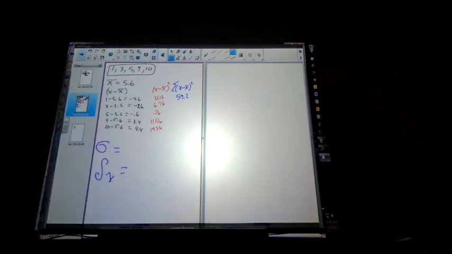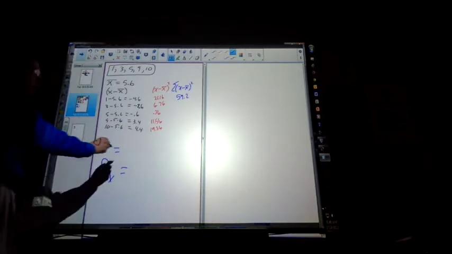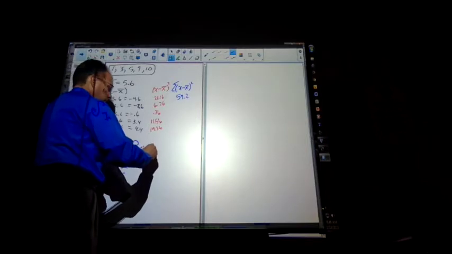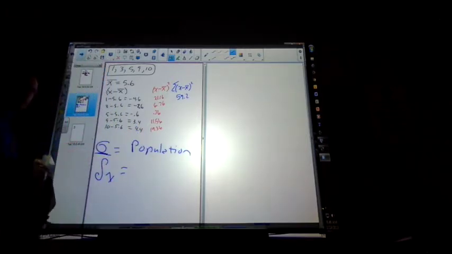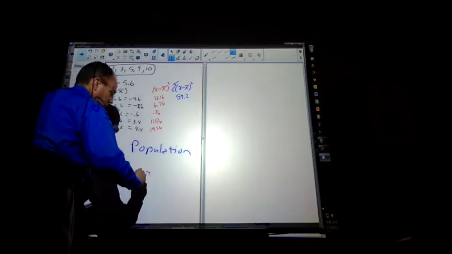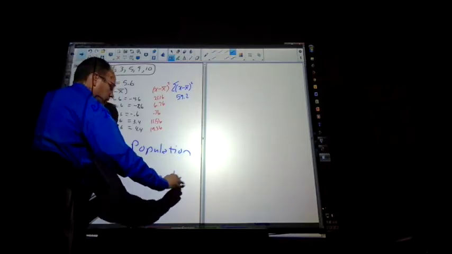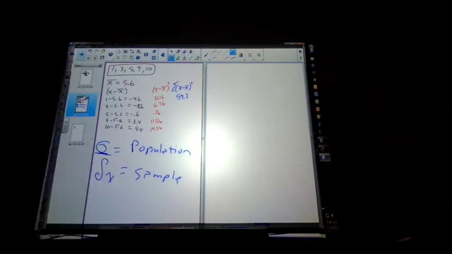And these both mean the same thing. If I'm talking about a population of people, I'm going to use this here. If I'm talking about just my sample, I'm going to use the bottom. What's the difference?